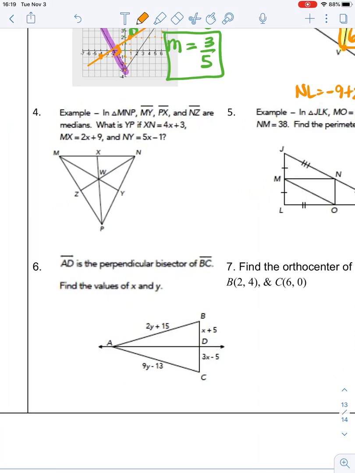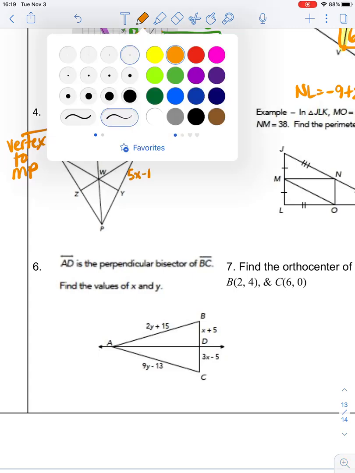Okay, so in triangle MNP, MX, PX, and NZ are medians. Remember that the median extends from the vertex to the midpoint. So what is YP, if XN is 4x plus 3, MX is 2x plus 9, and NY is 5x minus 1?